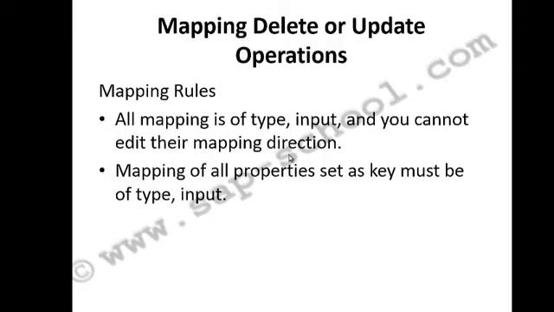We can use the propose mapping button in this case to automatically map the properties to my data source. The mapping rules for the delete or update operation are that all the mapping is of type input and we cannot edit the mapping direction. Mapping of all the properties set as key must be of type input.